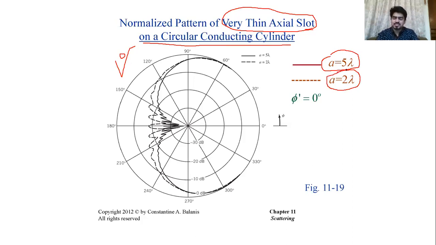Again, as you can see, as we keep on reducing the radius of curvature, you will see more and more backside radiation, on the rear side of your cylindrical structure, and that is nothing but due to the diffraction from the curved surface. And that diffraction we explain through the creeping wave mechanism. So the creeping wave is a mechanism through which we try to explain the diffraction from the curved surface, and we use that in GTD and UTD.